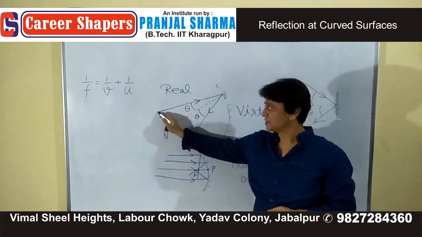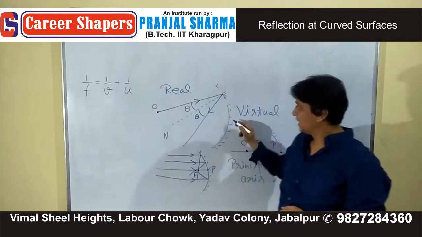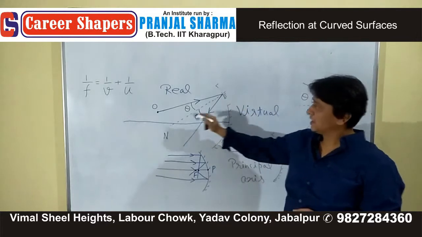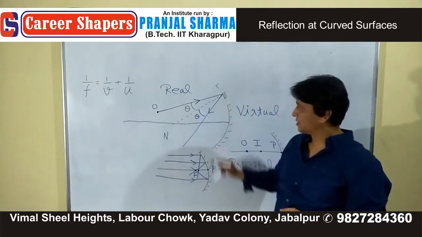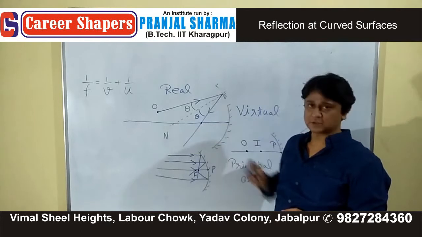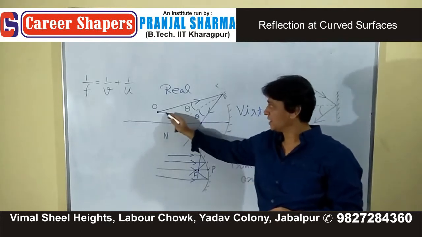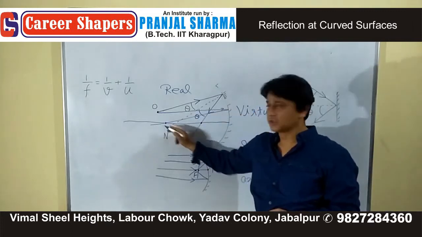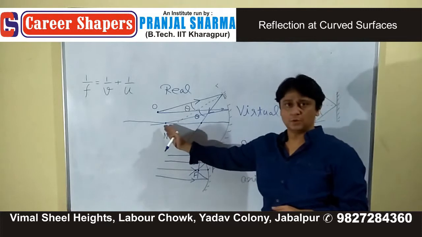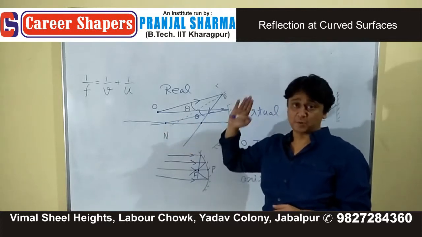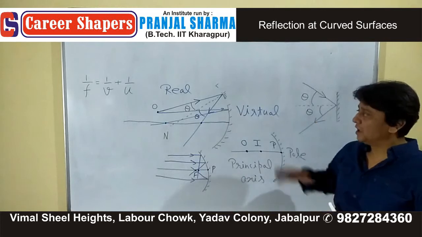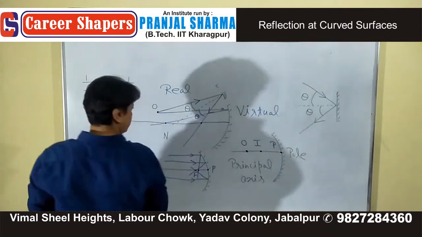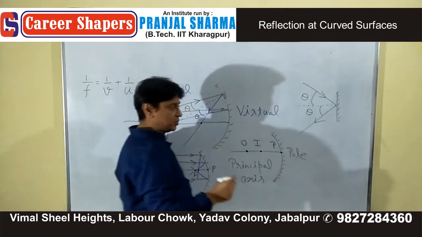Suppose you have an object at this place, and that's your principal axis. Then a ray coming from this object, if it meets at this place, then another ray may meet at this point, giving you multiple points where image formation takes place. Because of this, we say that the mirror which we are using has a small aperture.